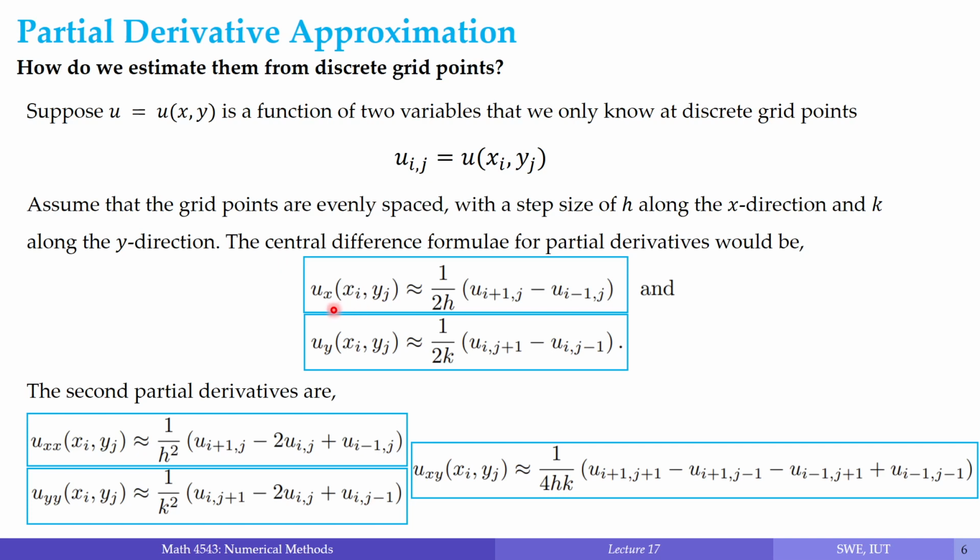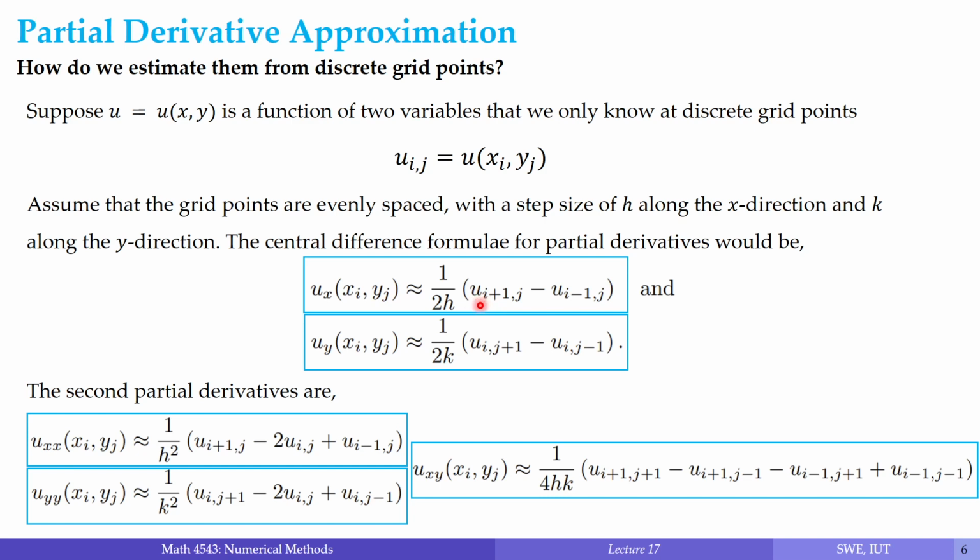So when we say u sub x of the point x sub i comma y sub j, we say that the partial derivative of our bivariate function u with respect to x at the point x sub i and y sub j looks something like this. And if you look closely, it resembles the central difference formula for the x direction, right?